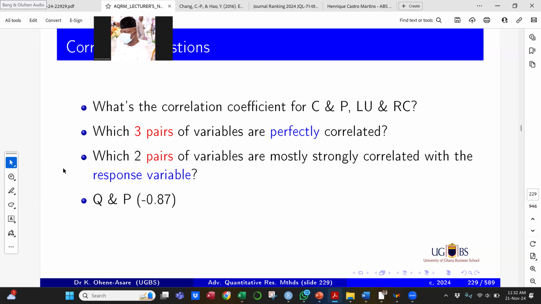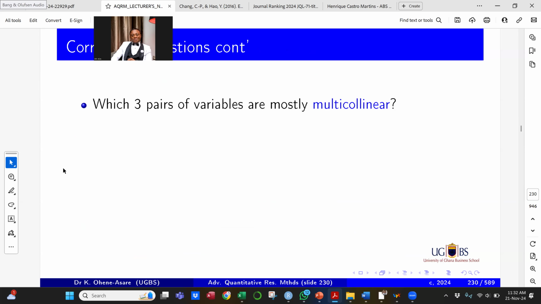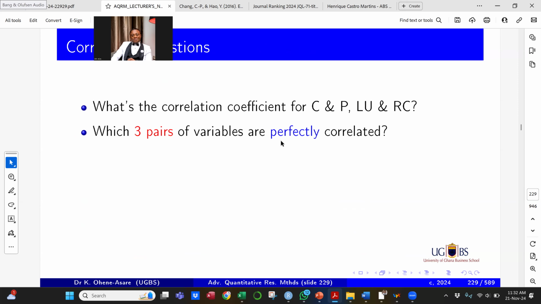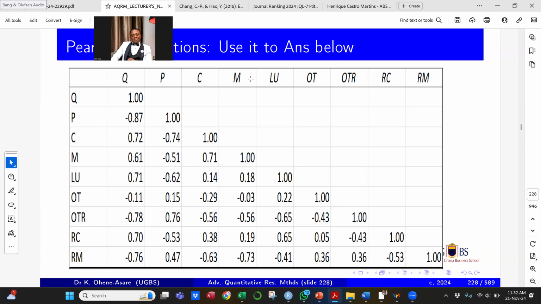Now, last question for today. Which three pairs of variables are mostly multicollinear? Let me talk about just the first pair. By the way, a multicollinear variable does not include the dependent variable column. It includes every other thing except the dependent variable.